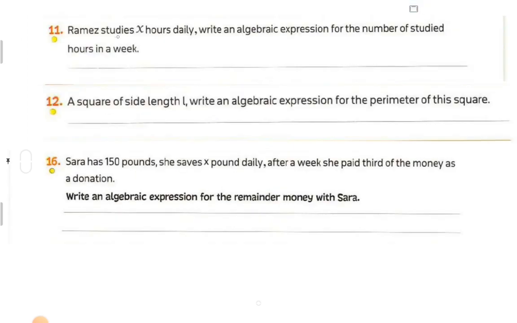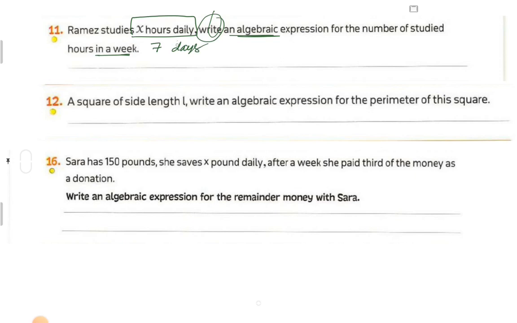Ramiz studies X hours daily. Every day he studies X hours. Write an algebraic expression for the number of hours studied in a week. He needs us to write an algebraic expression for the hours he studies in a week. We have 7 days per week.